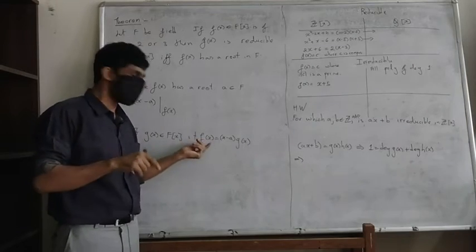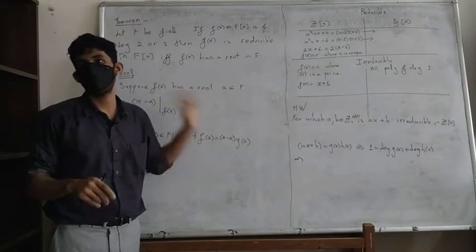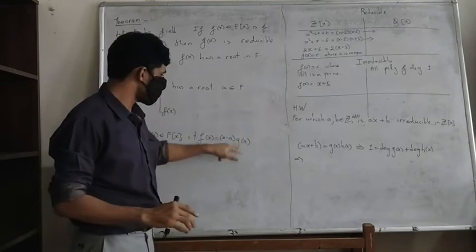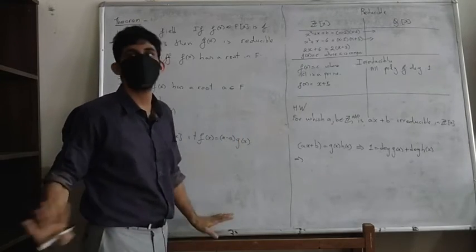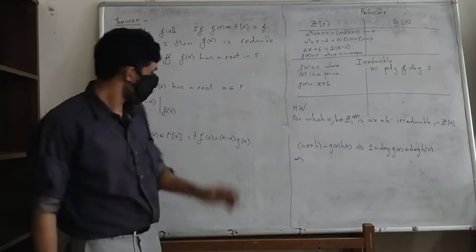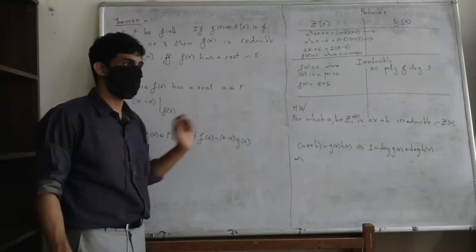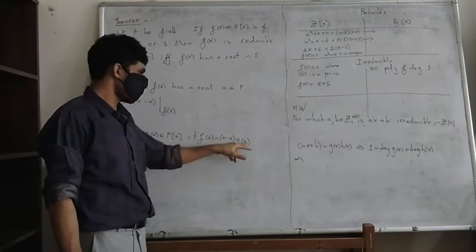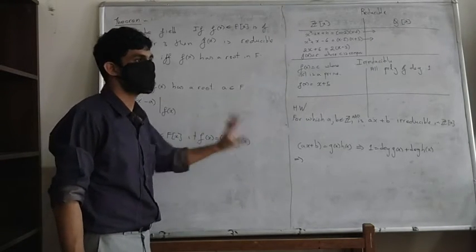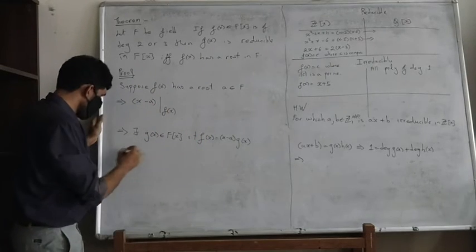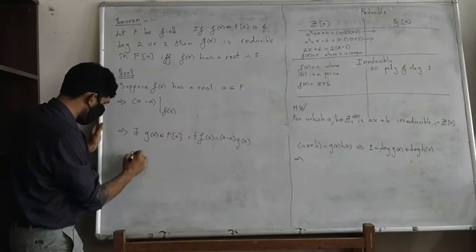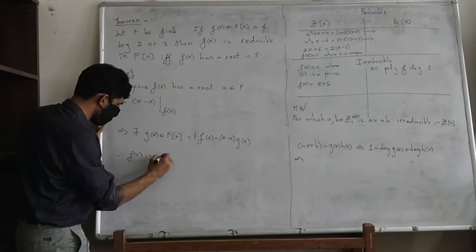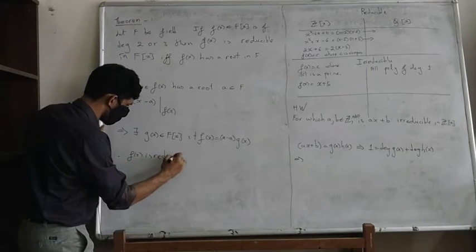If the degree of f is 3, the degree of g is 2. So in either case the degree of g is greater than or equal to 1, hence it's not a unit. Okay, so I've broken it down into two polynomials whose degrees are greater than or equal to 1 and hence not units. Therefore f of x is reducible. So this is the easy part.